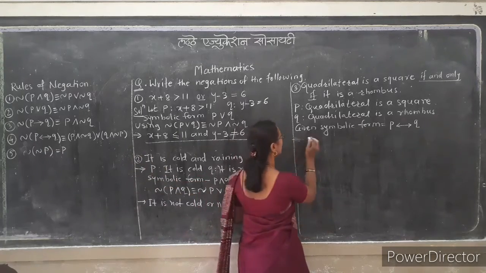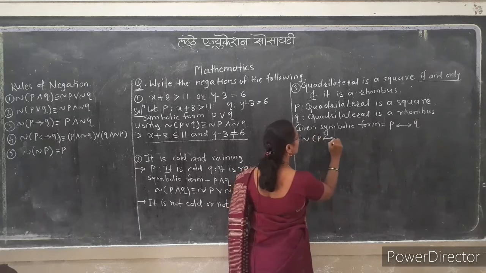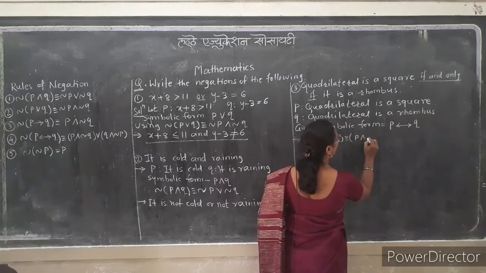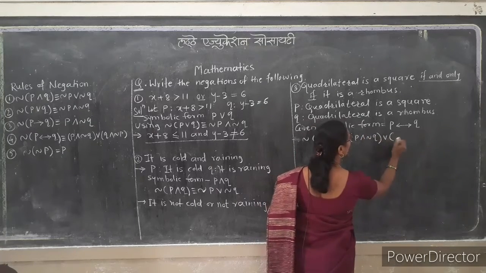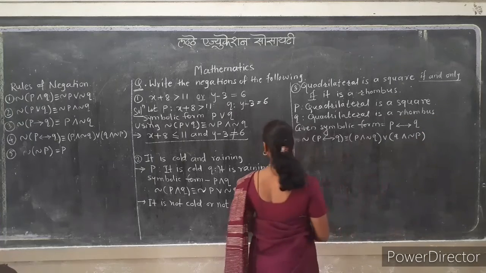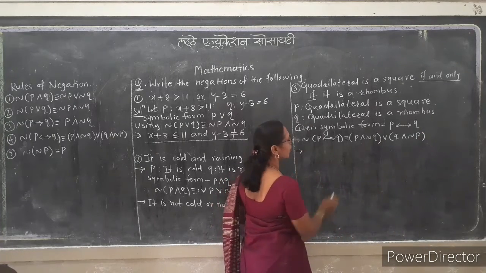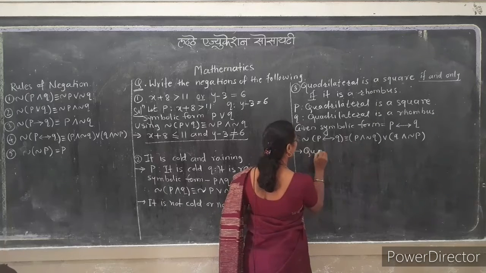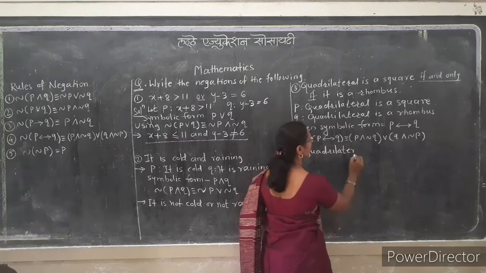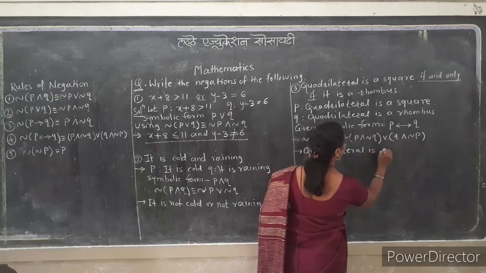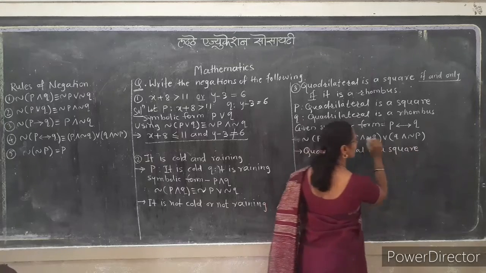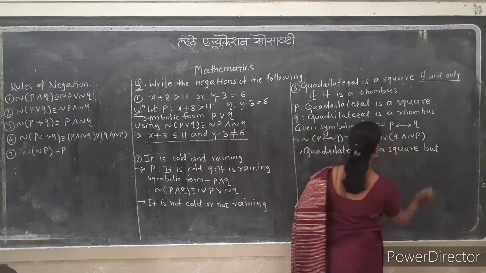We use the result: negation of P double implication Q is logically equivalent to P and negation Q or Q and negation P. Therefore, its statement form is: P is quadrilateral is a square, and instead of and we write here but.